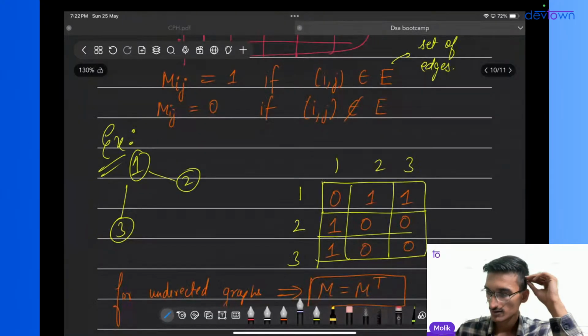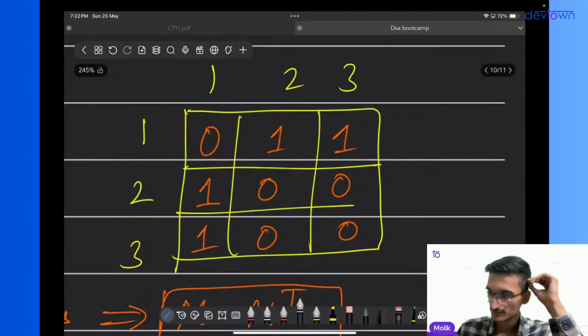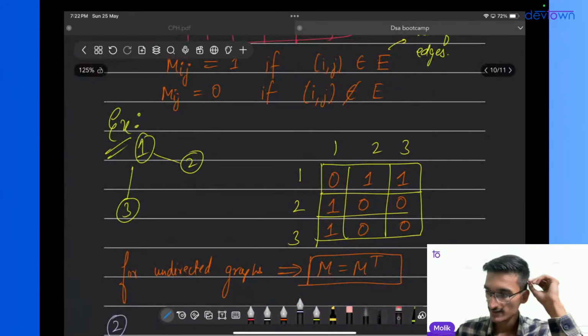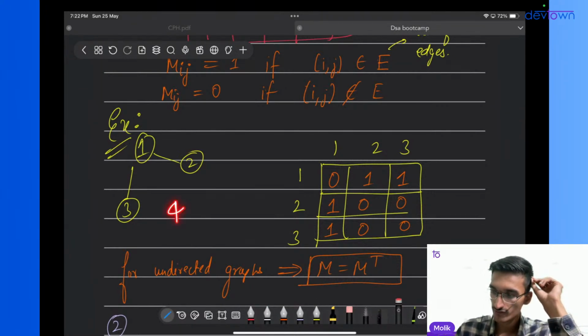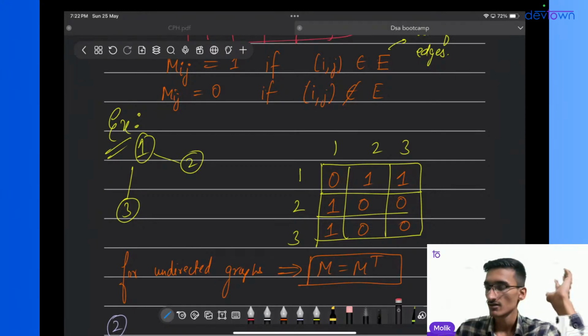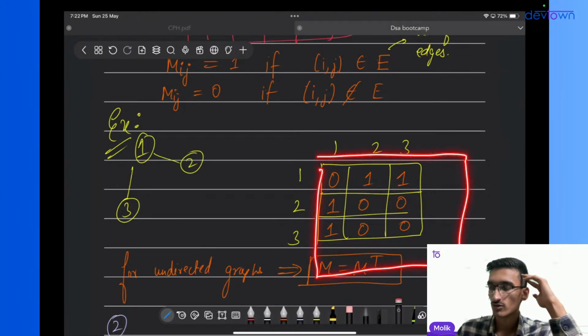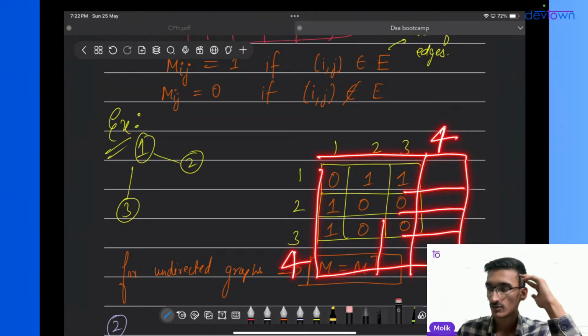Let's say I add one more fourth vertex, which is not connected with any of the vertices. Think about how this matrix changes for the fourth vertex.